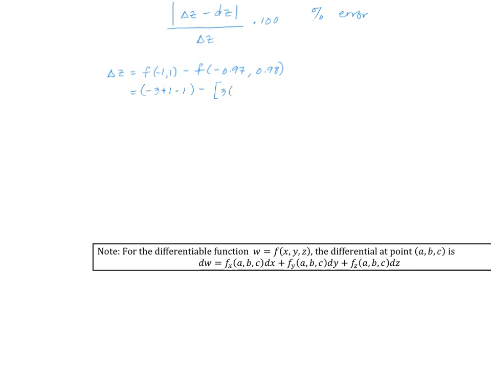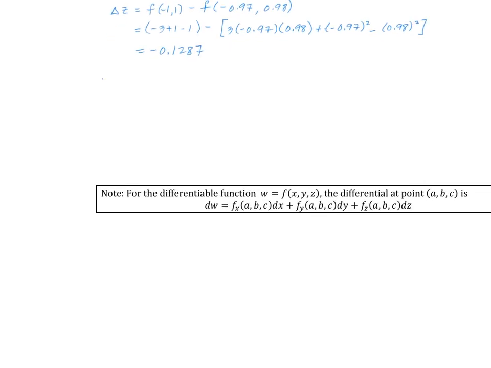So all I'm doing is substituting this value into my function, my z function, times -0.97 times 0.98 plus -0.97 squared minus 0.98 squared. I'm going to plug that into my calculator, and I believe it's -0.1287. So double check me on that.